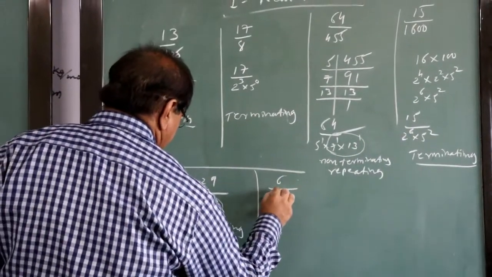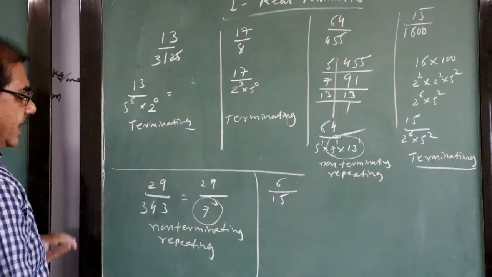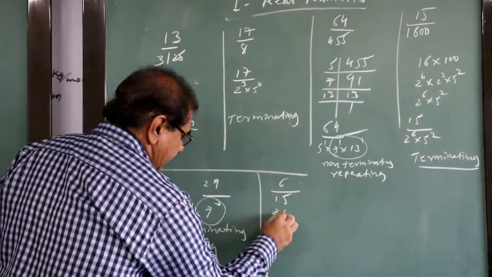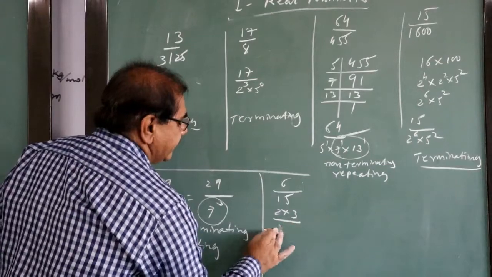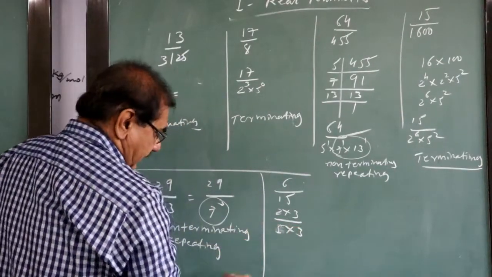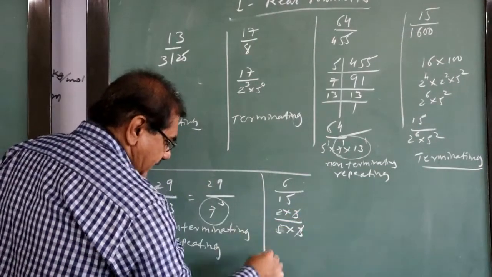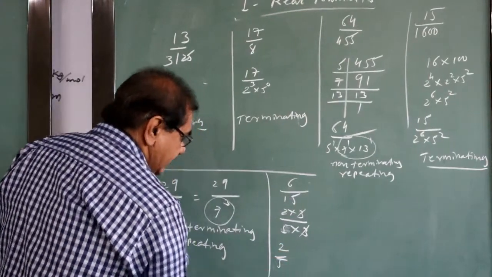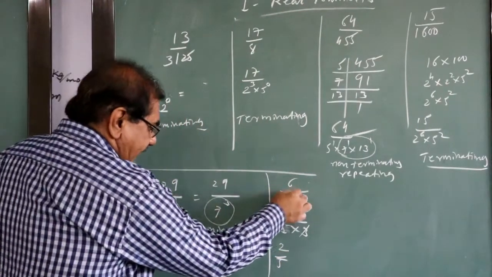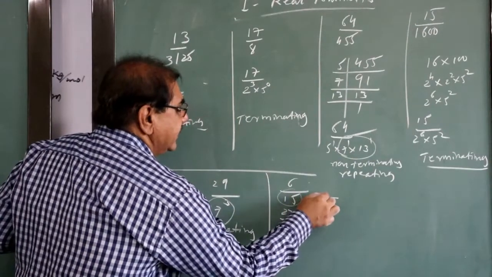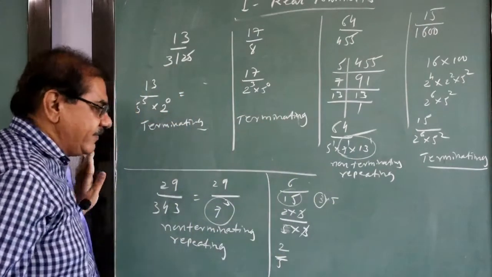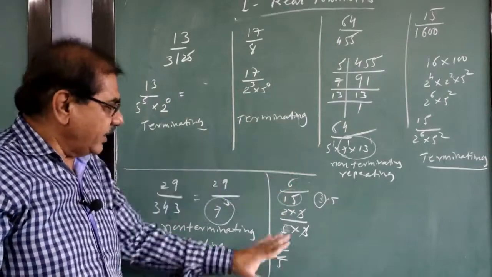6 upon 15. Now 6 means 2 3s are 6, 15 means 3 5s are 15. Now here 3 and 3 cancel, so it is 2 upon 5. Looking at the fraction directly, 15 means 3 5s are 15, 3 is there other than 2 and 5, so it is non-terminating.